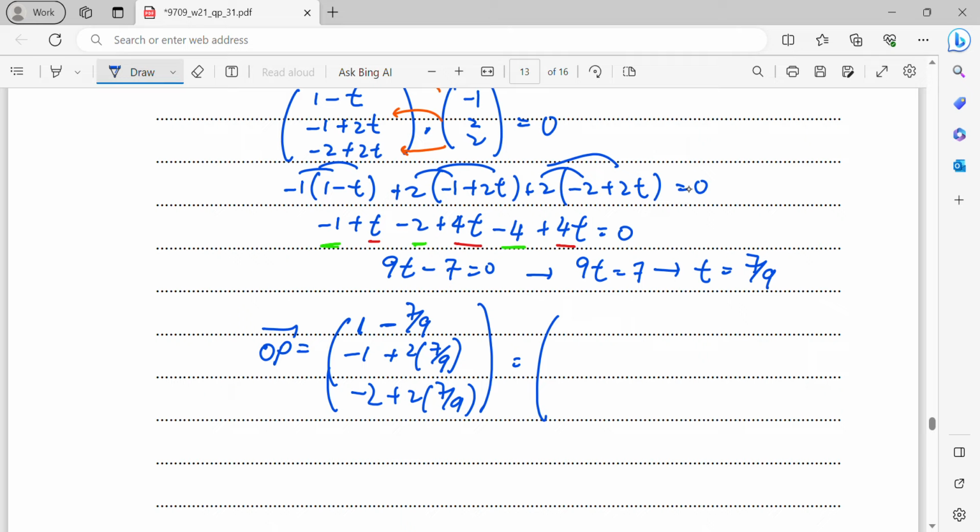Then I will get 1 minus 7 over 9 is 2 over 9, then the next one is going to be 5 over 9, and then the last one is negative 4 over 9.